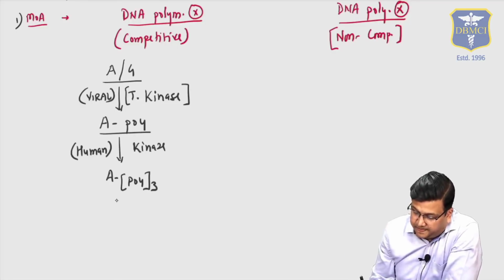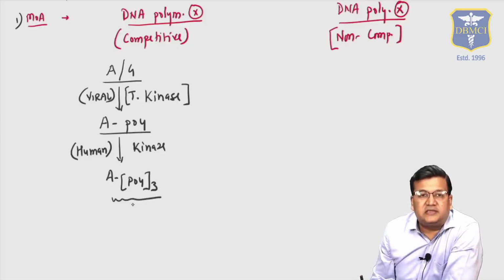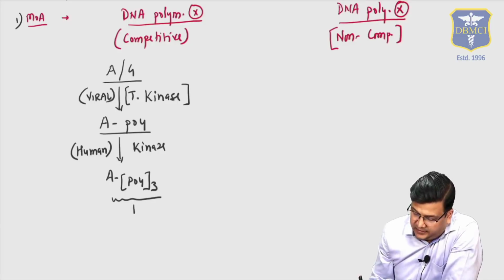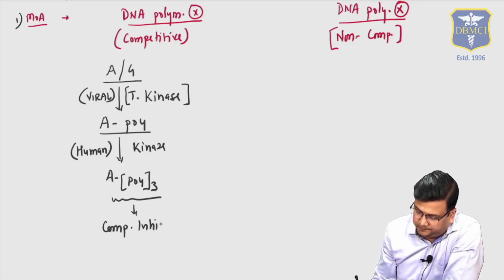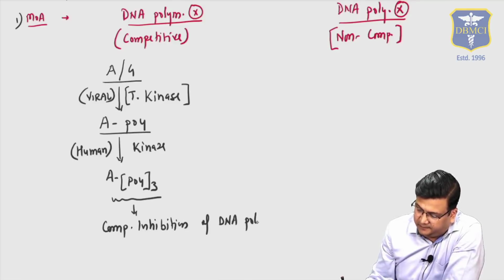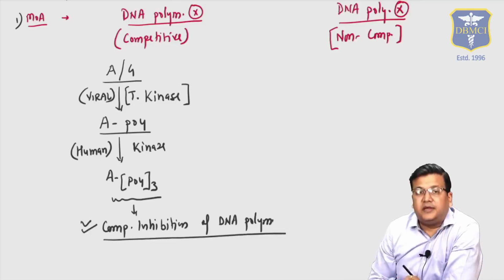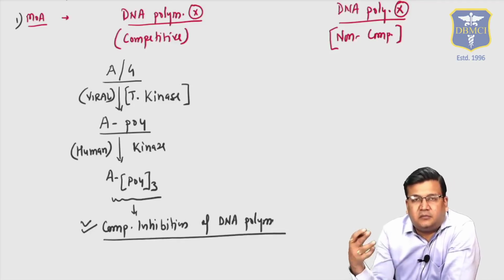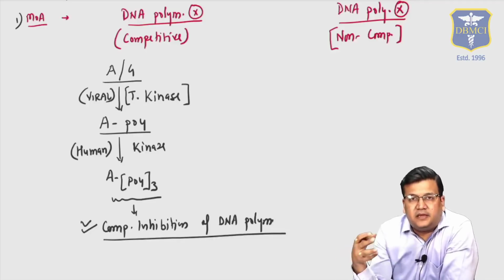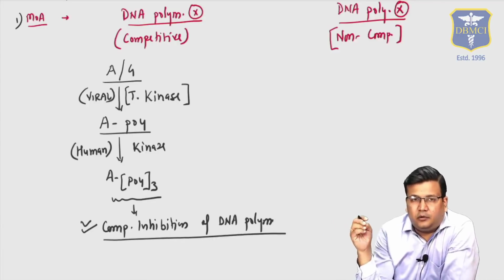Once they become triphosphate, they resemble a nucleotide and then they cause competitive inhibition of the DNA polymerase enzyme. That is how they are called competitive, because they first become a nucleotide and then they competitively inhibit the DNA polymerase.